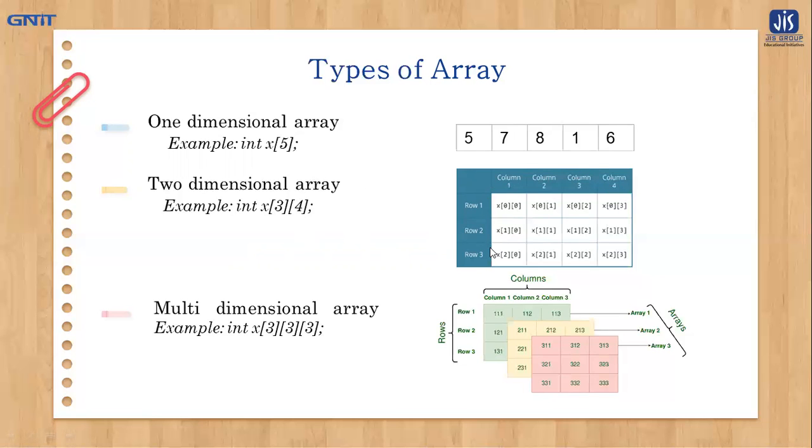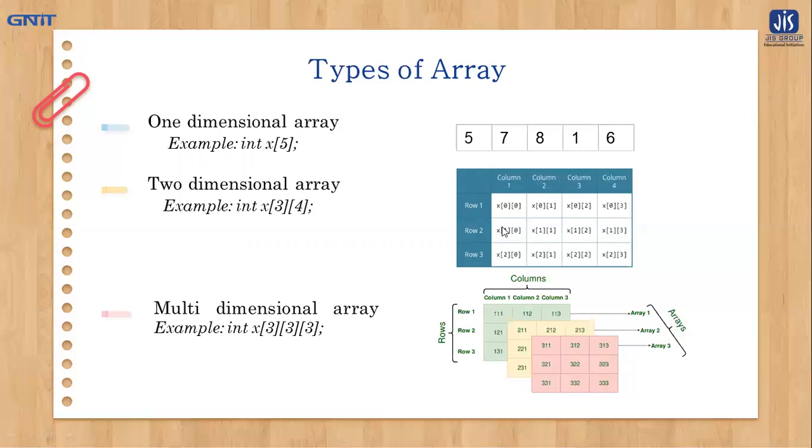If we start storing the data from the 0th index, then it will be x00 for the first row and first column. Similarly, for first row, second column, it will be x01. First one is the row number, second one is the column number.